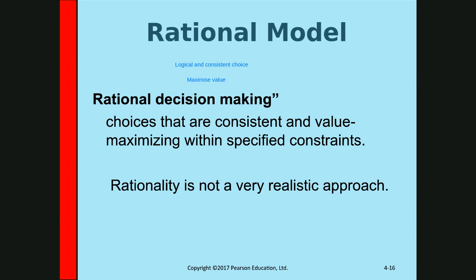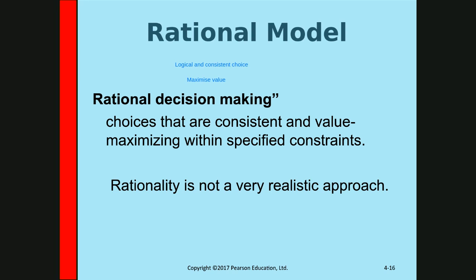That is the reason why rational decision making is not a realistic approach. And like I mentioned earlier, it is also related to selecting the alternative that maximizes the likelihood of achieving the goals.